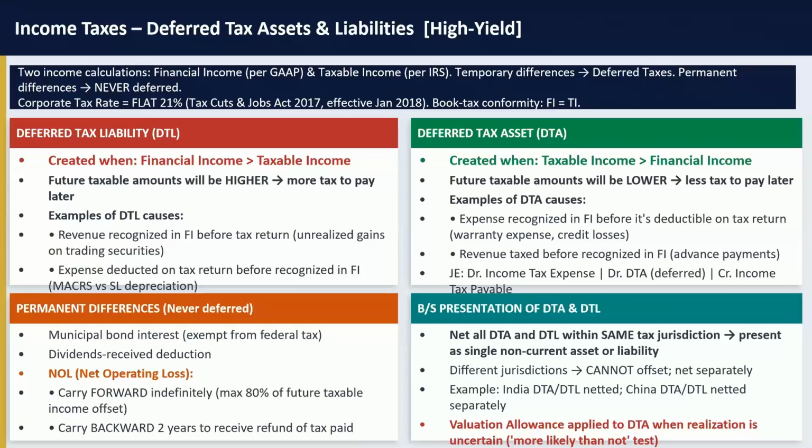Now in your tax income calculation, expense is more. In your financial income calculation, expense is less. What happened? Taxable income is reduced. Financial income is more. Clearly, you can say that it is DTL when financial income is greater than taxable income.